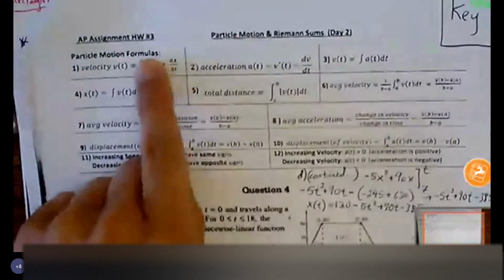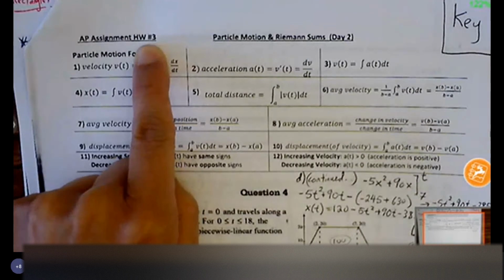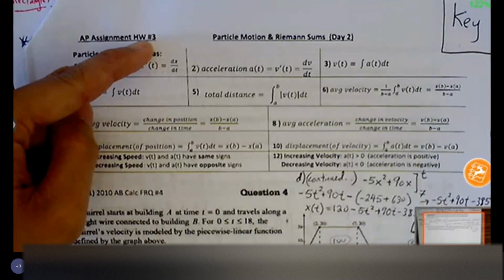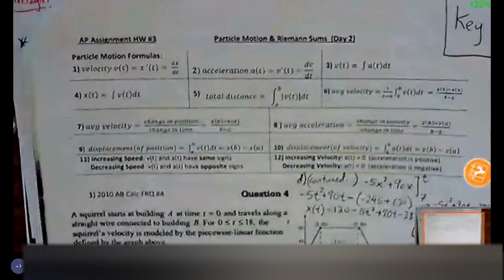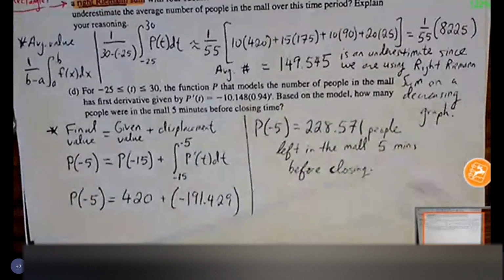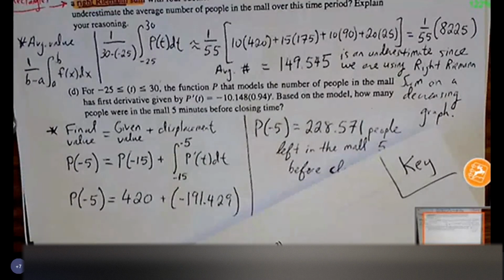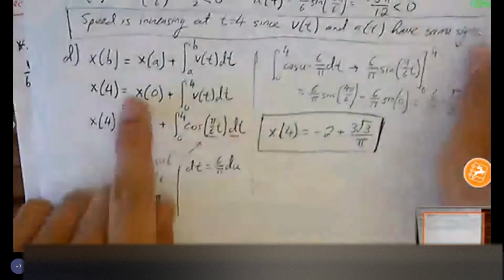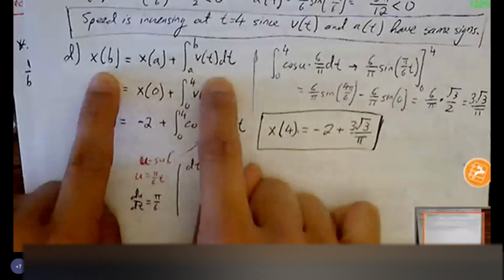Okay, let's see. Homework number 3. There's a final equals initial plus displacement. Part D has it. Let's see, average value. Yeah, homework number 3, number 2. This one has the final equals initial plus displacement.